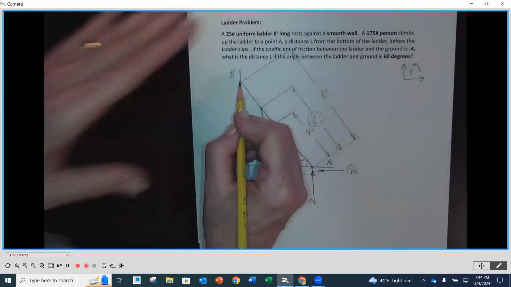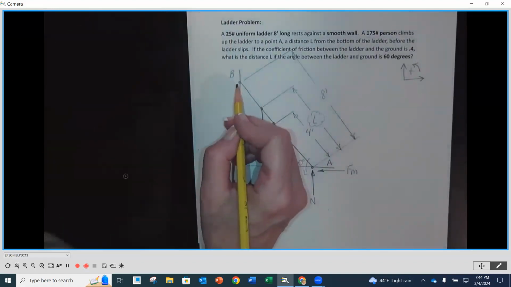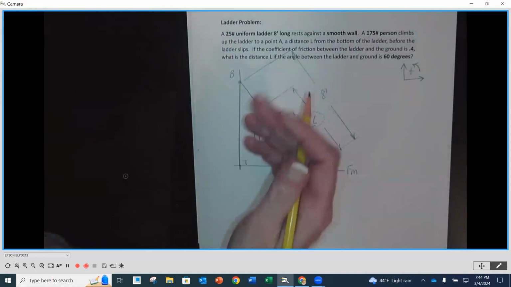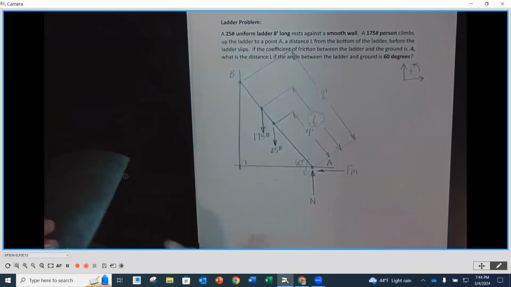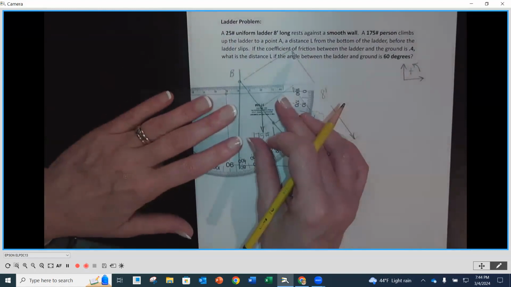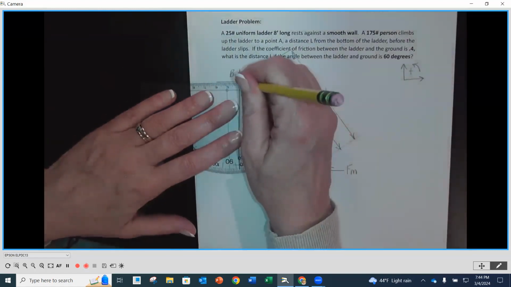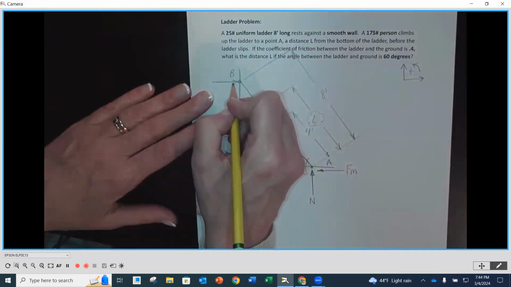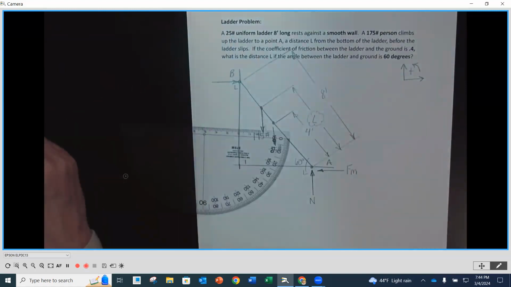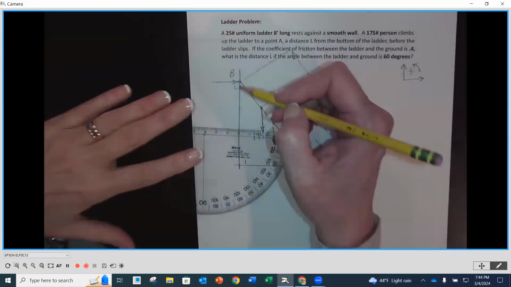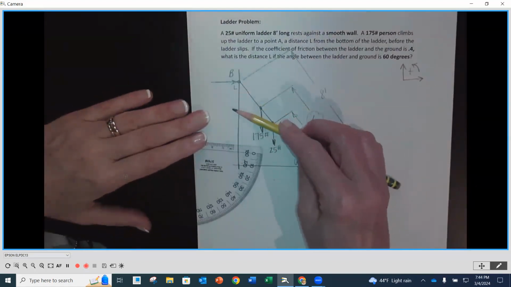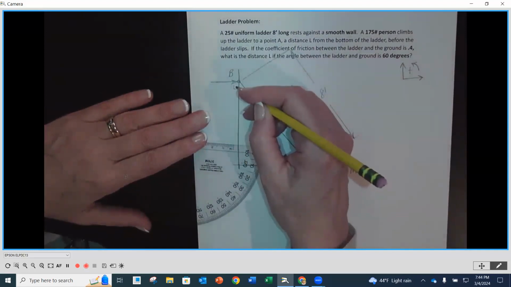Now, it told us in the problem that this is a smooth wall. What that means is there's no friction. So the only thing that this ladder is seeing is a reaction perpendicular to that surface. There is no friction up there. If there was, this would want to go down the wall and we would have a friction force going up.